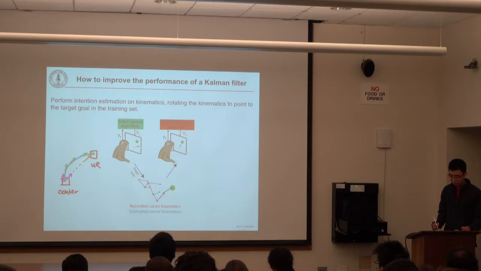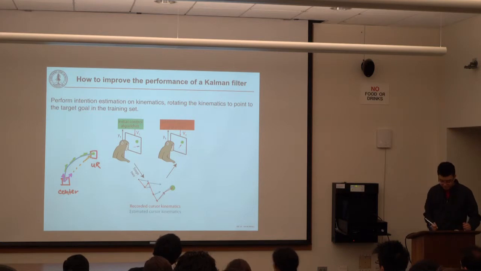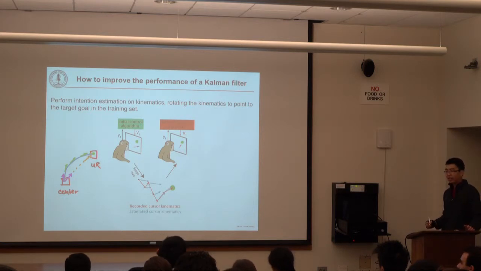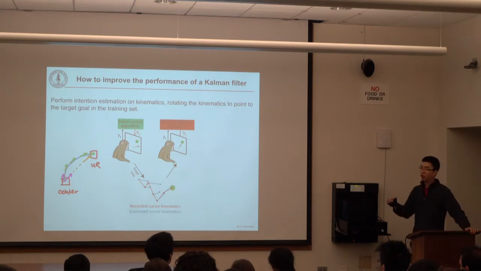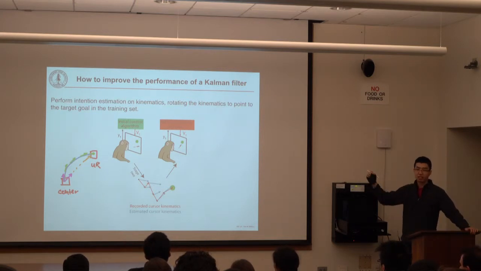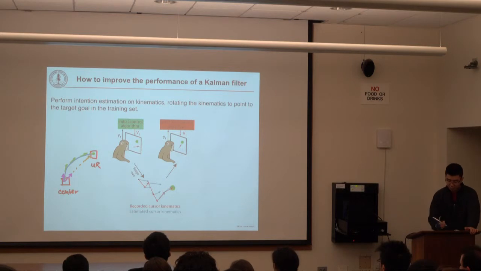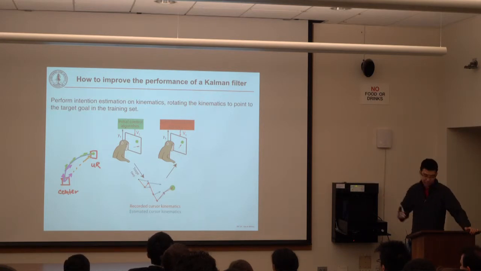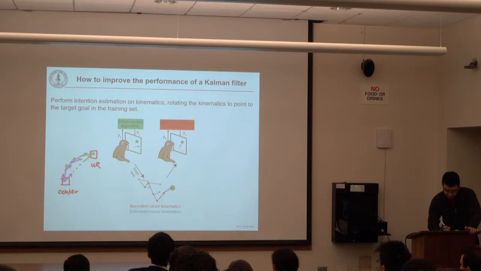And so what Vikash Gilja and Paul Nuyujukian did in this algorithm is they thought of the idea that, as you would in some control policy, you have some goal, and your goal is to always reach towards the target. So what they did is rotate all of these velocity vectors, instead of pointing in some direction specified by the green line, to always point towards the target.